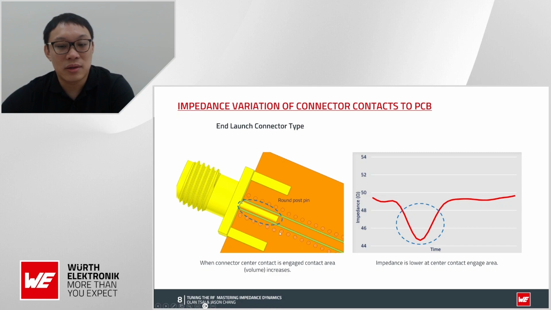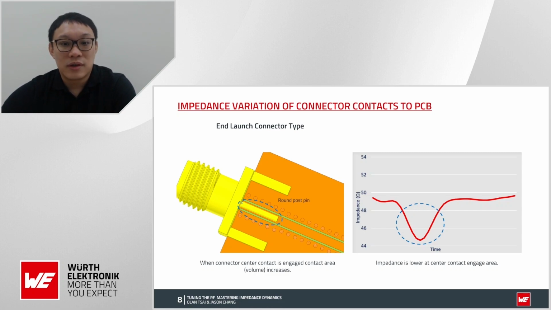The area turns out to be the contact area for the pin to the pad. It's mainly due to the size and the area increases at this section. If you are trying to use an end notch connector and you just place the connector on the PCB directly, this area will be the problem you need to consider.